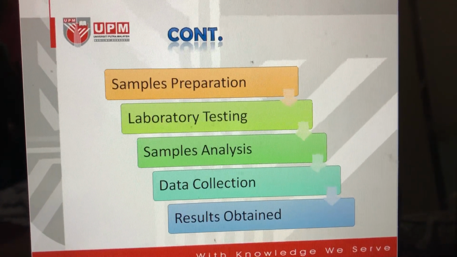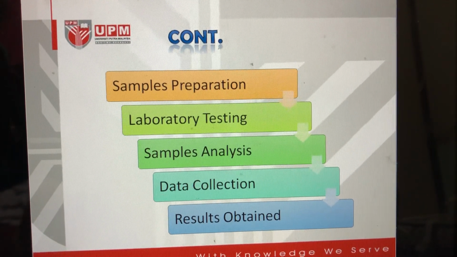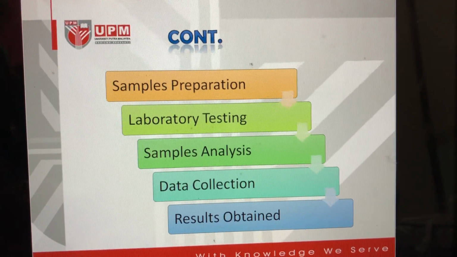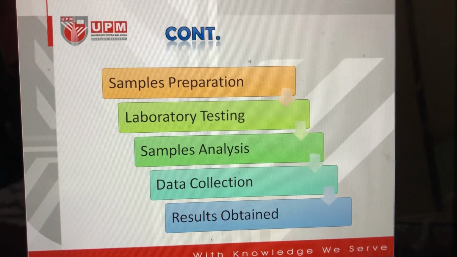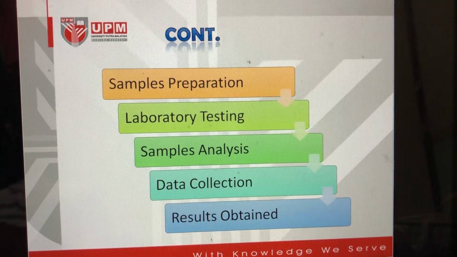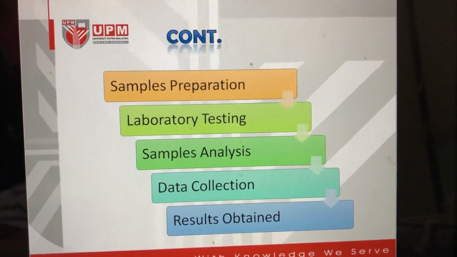The methodology is divided into 4 parts. The first step is sample preparation, the second is laboratory testing, the third is sample analysis, the fourth is data collection, and the last one is that results will be obtained.